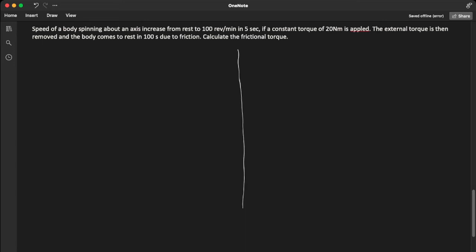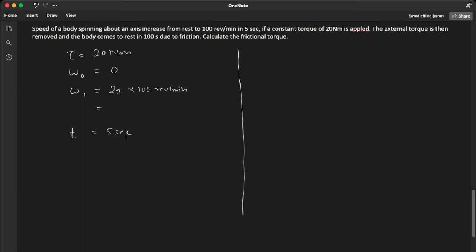The first part is accelerating part where some torque is applied, and because of this torque, the speed of the body spinning increases from 0 to 2 pi into 100 revolution per minute in 5 seconds.